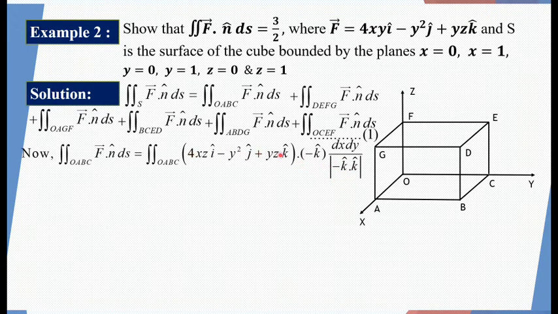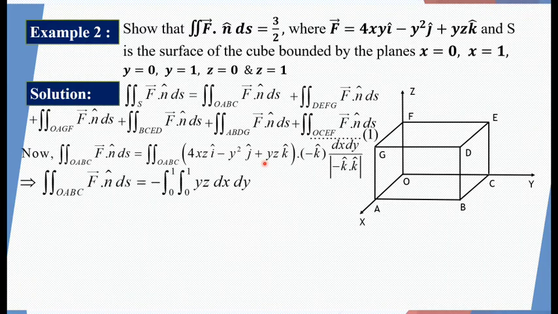When we take the dot product of these two, only minus yz remains. So the double integral over OABC of vector f dot n cap ds will be minus, and in this particular plane the limits for x are 0 to 1 and for y are 0 to 1. So the integral 0 to 1, integral 0 to 1 of yz dx dy.